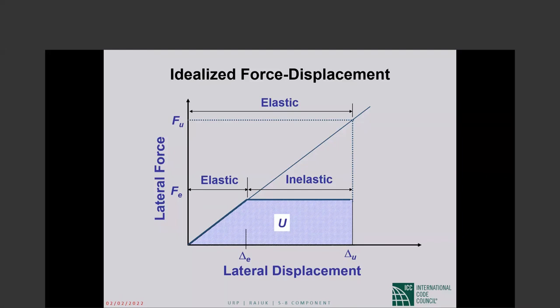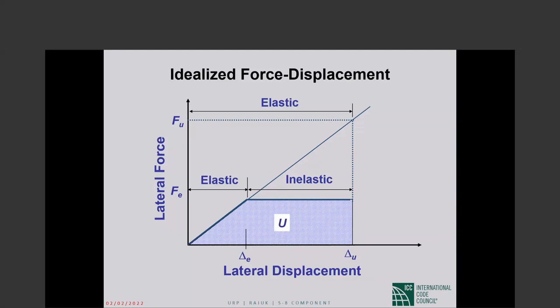Inelastic deformation capacity is the inelastic displacement over which the structure can sustain full factored gravity loads. So inelastic deformation capacity is the inelastic displacement over which the structure can continue to carry full factored gravity loads. That automatically means that there is no collapse.